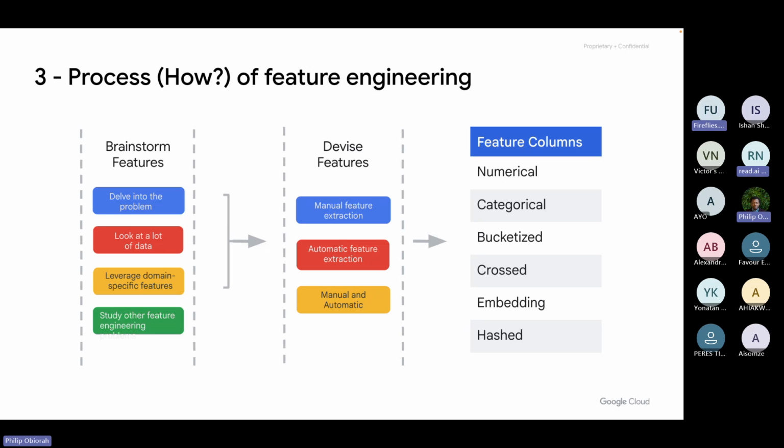It works like distinct words in a dictionary by mapping them to dense vectors. That's what embeddings are. And then hashing is a technique to handle categories where you don't want the full vocabulary beforehand, because it might be too much to fit in memory. All right, we're still going to explain that later on in the next diagram.